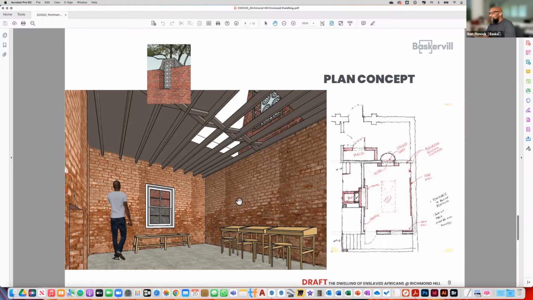Yeah, and just know that this is just my rendering software representation of an aging brick wall. And then from a furnishing standpoint, the dialogue has been about keeping it simple and mobile, right?